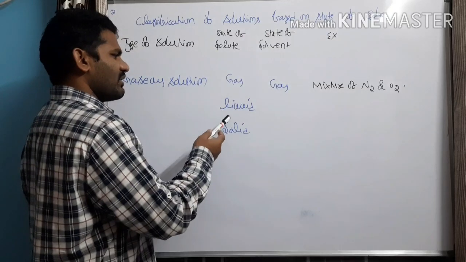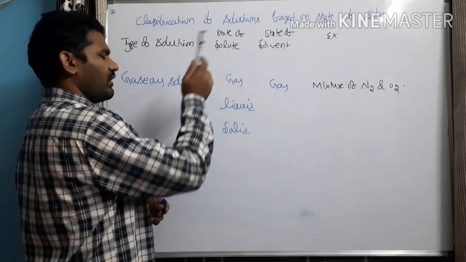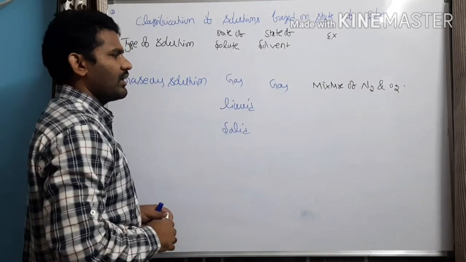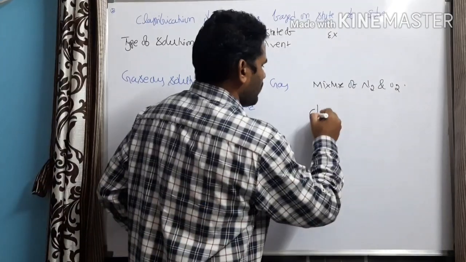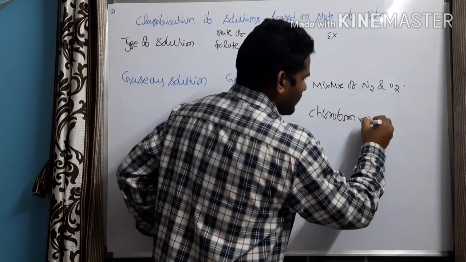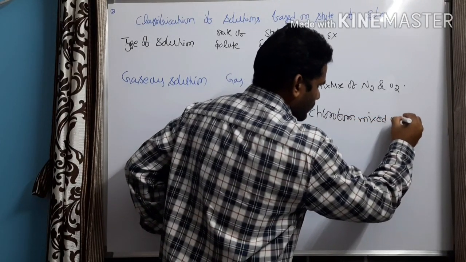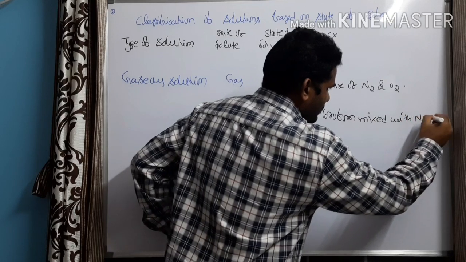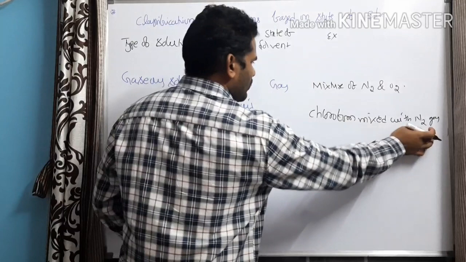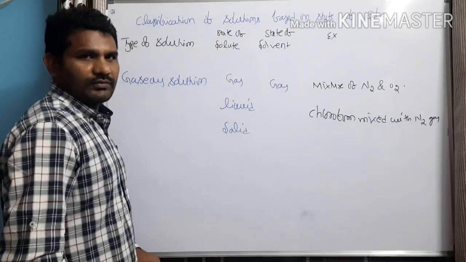Now let us consider an example for a gaseous solution where solute is present in liquid state and solvent is present in a gaseous state. Example is chloroform mixed with nitrogen gas. Here the chloroform is present in liquid state, nitrogen is present in the gaseous state.